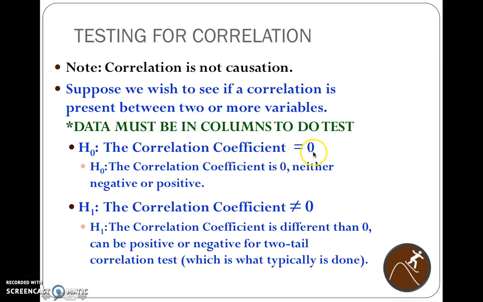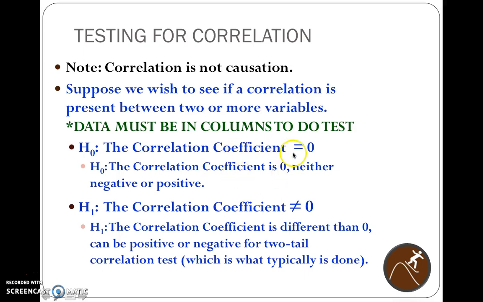Here you have 0. If the correlation coefficient is 0, then there's no correlation, or it's weak. Nothing is there. Correlation coefficients can be negative, so you can have an inverse relationship. Correlation coefficients can be positive.